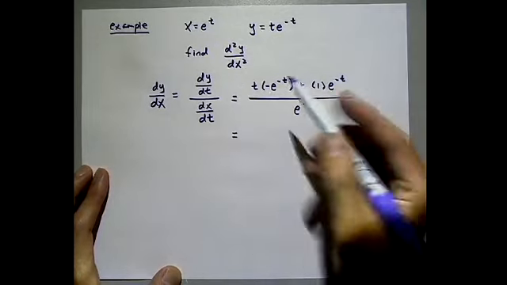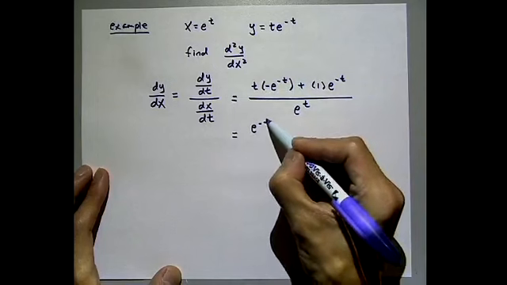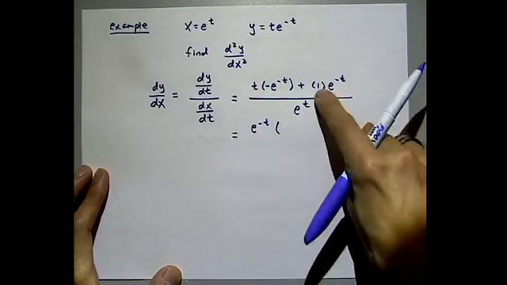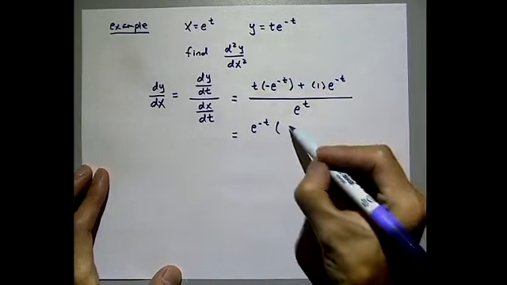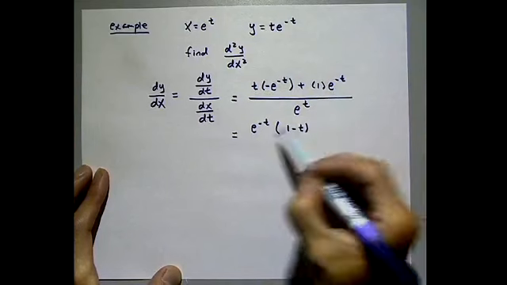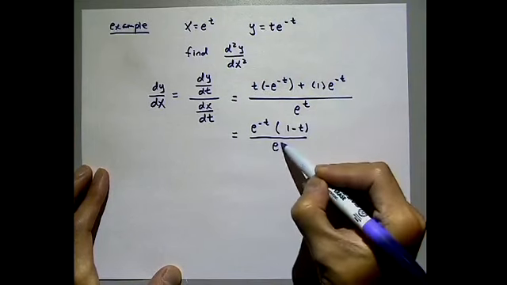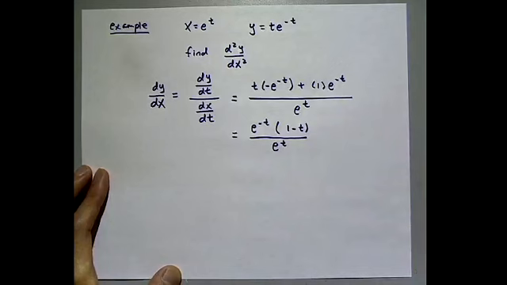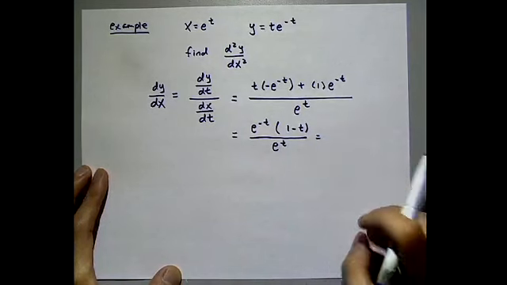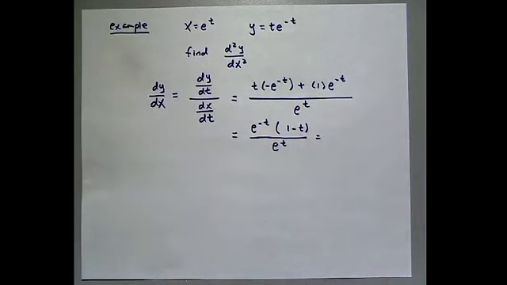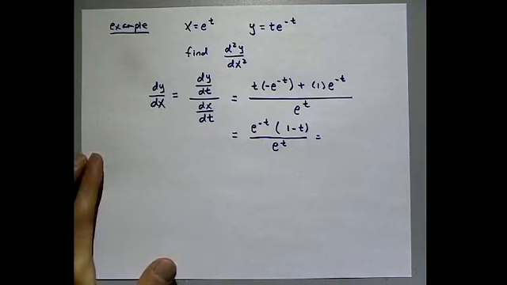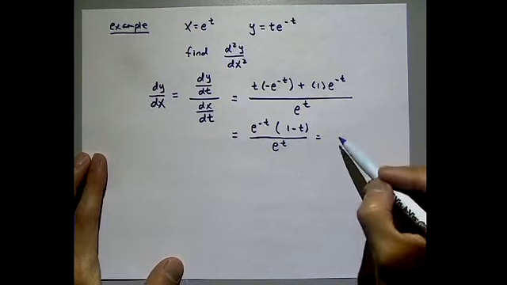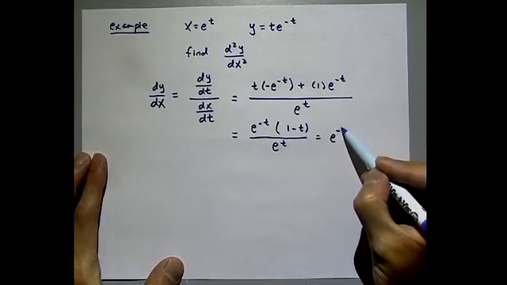Pull out the e to the minus t, and then I have a 1 minus t all over e to the t. And now I can write this as e to the negative 2t.